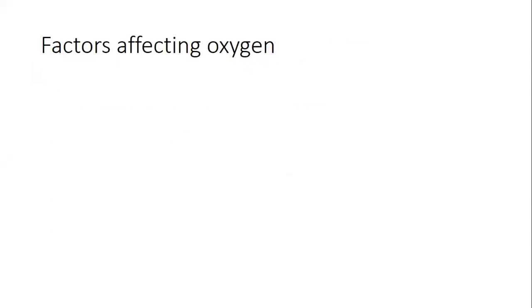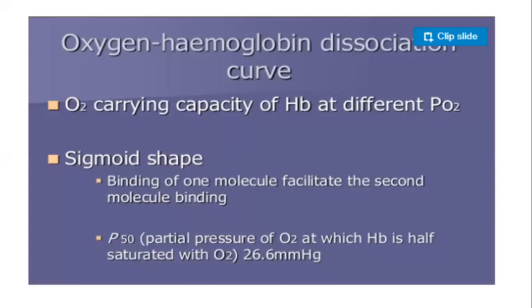Having said that, ladies and gentlemen, there are factors that affect hemoglobin functioning when it comes to oxygenation and carrying of oxygen. It is important for me to mention that when oxygen binds to hemoglobin, you end up with oxyhemoglobin.